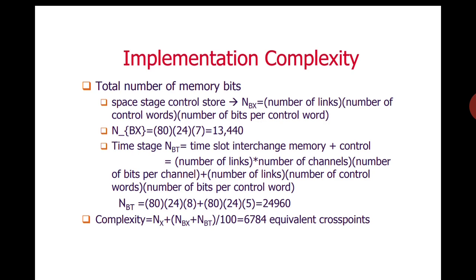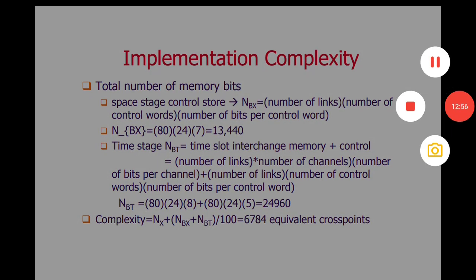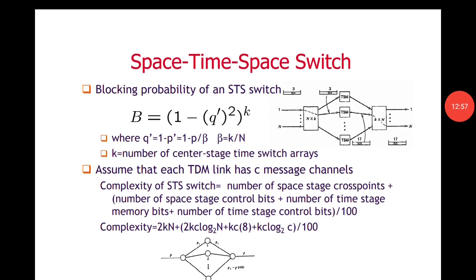STS switch, space time space switch. Blocking probability of STS switch: B is equal to (1 minus q dash square) whole to the power k, where q dash is equal to 1 minus p dash, p dash is equal to p by beta, so beta is equal to k by n, and k is equal to the number of center stage time switch arrays.